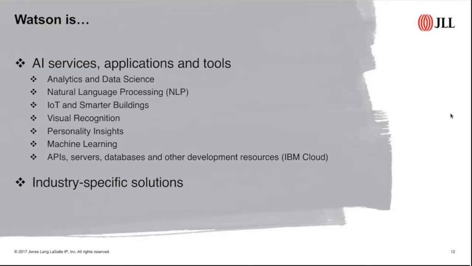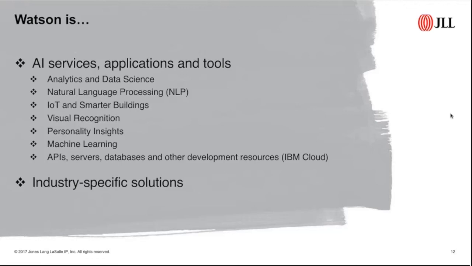Within Watson, we have analytics and data science. We can do natural language processing, so conversational interfaces with our data. IoT and smarter buildings is a very big initiative with Watson, as well as useful tools like visual recognition, which means analyzing what's inside of an image like a JPEG. And also doing personality insights. Is this person happy or sad? What is the tone of that person? Are they upset? Are they satisfied?